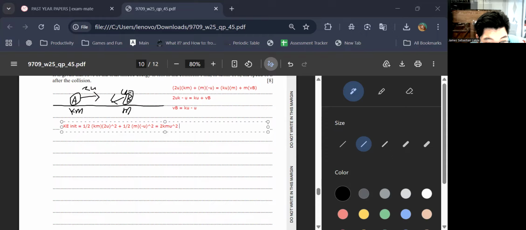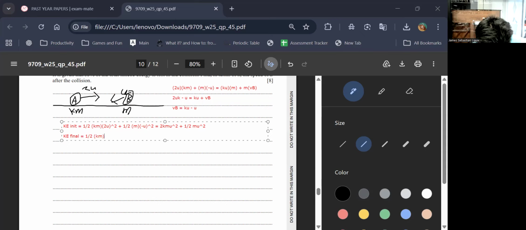Simplifying this gives you KE final. This is your final kinetic energy, which is half km u squared plus half m, v of b is ku minus u, squared.